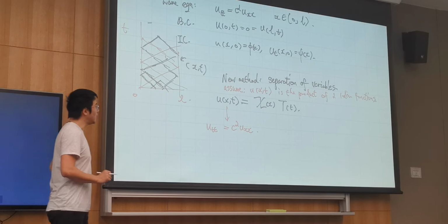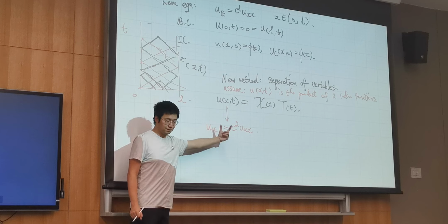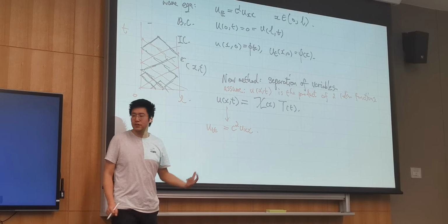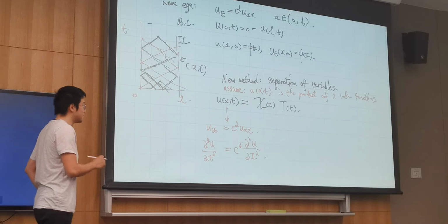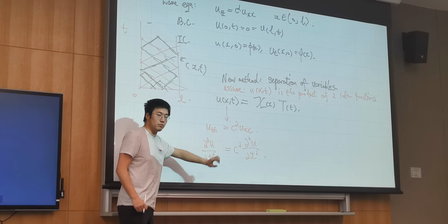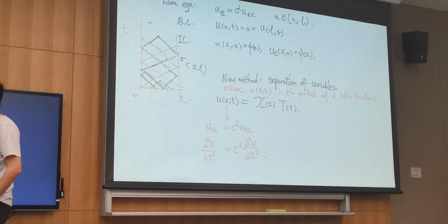And u_tt is the second-order derivative in time for u. So let me write it as partial squared u over partial t squared equals c squared times partial squared u over partial x squared. I'm just simply writing this equation again.